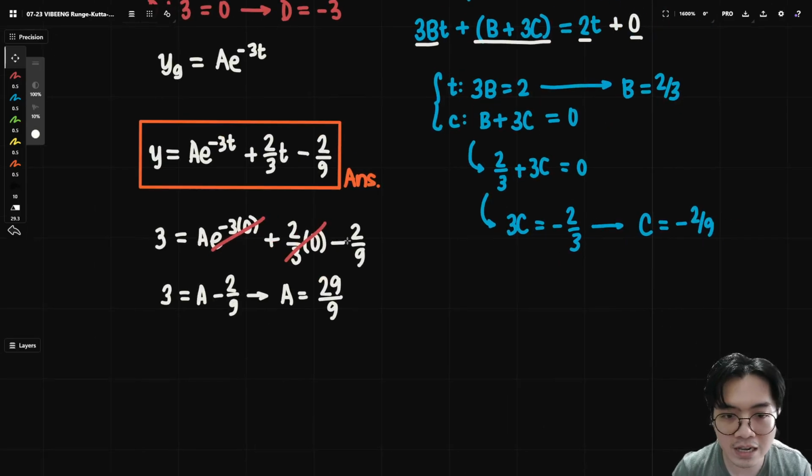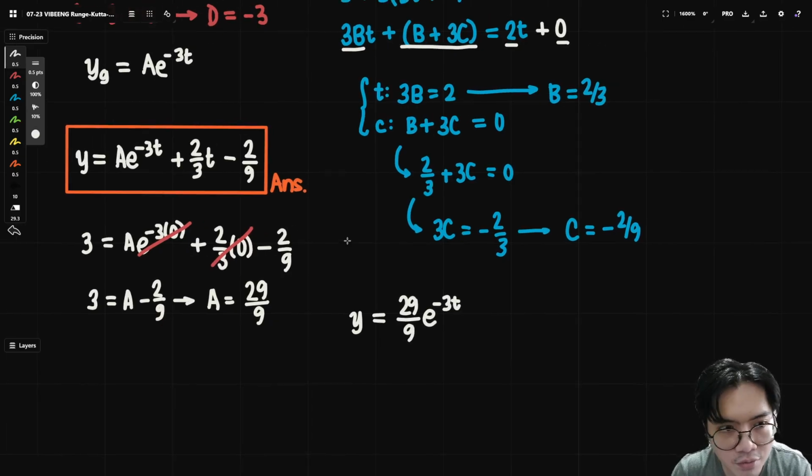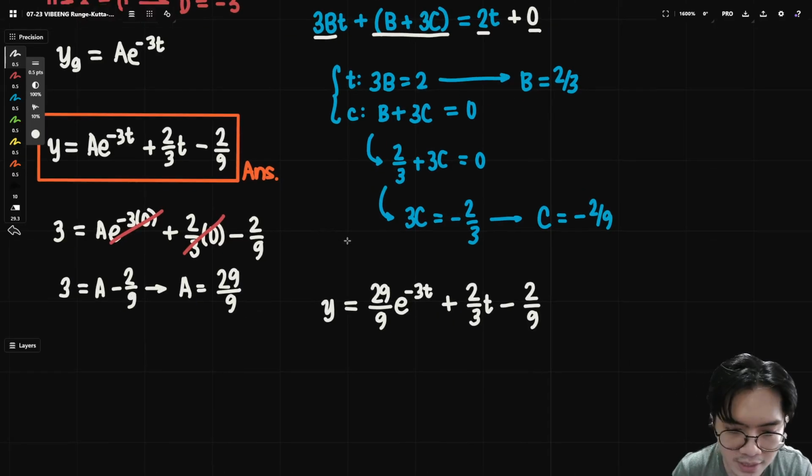Okay? So our final answer na particular solution na ito will be 29/9 e raised to negative 3t plus 2/3 t minus 2/9. Ito ang ating answer pala.